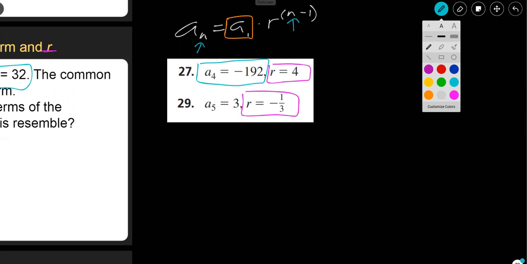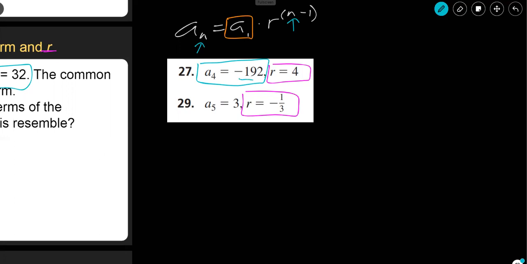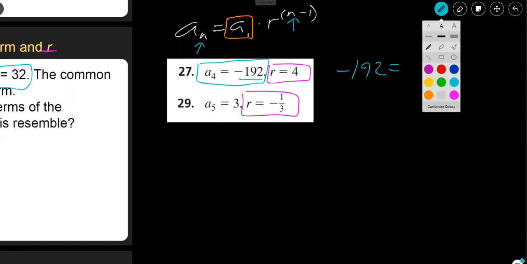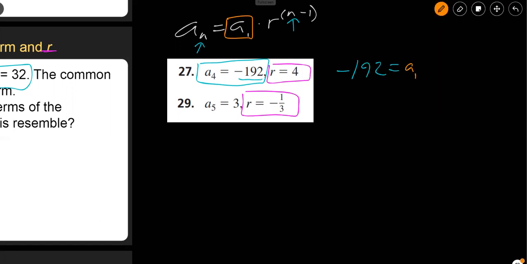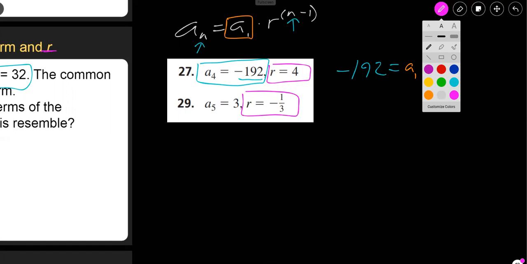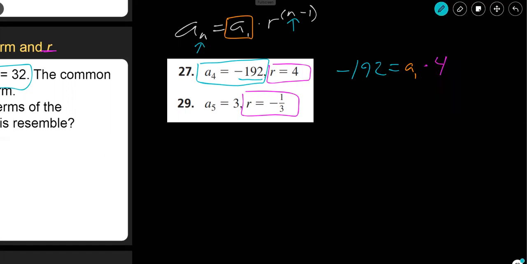So if I go ahead and do that, a4 is negative 192. That's going to be equal to a1, I don't know that, times my ratio, which I definitely know, that's 4. And then my exponent is just going to be my n value, or 4 in this case, minus 1.